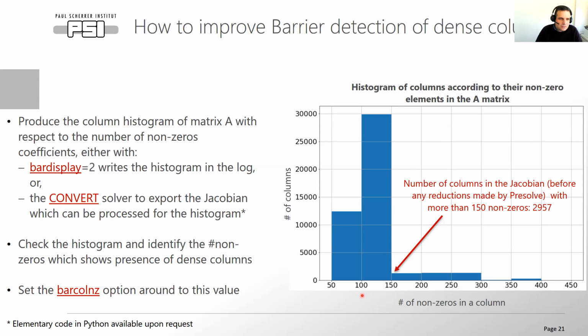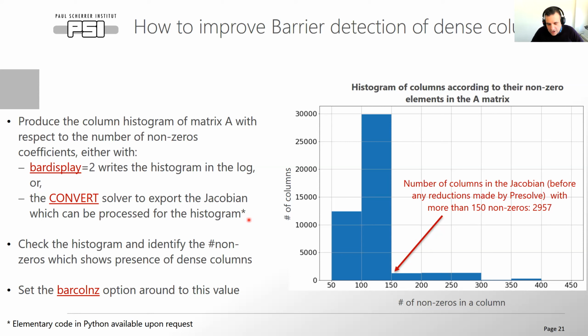We have a bar display option that can write this histogram to the barrier log file. If you want to do it in a more sophisticated way, you can also use the convert solver. Instead of solving the model with Simplex, you solve it with convert to export the Jacobian, and then you can process the Jacobian for a histogram. If one is interested, I'm happy to share Python code for this.